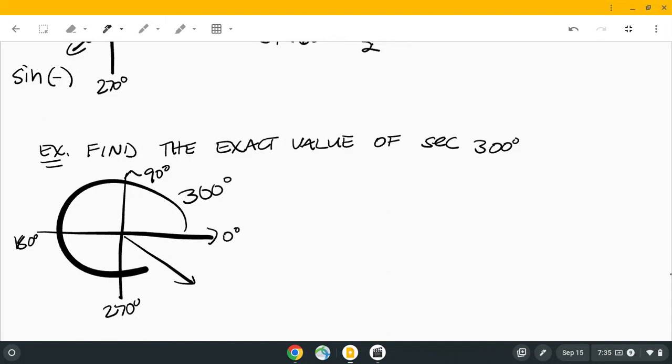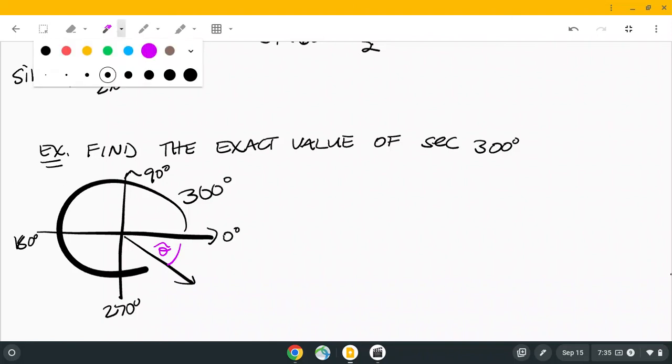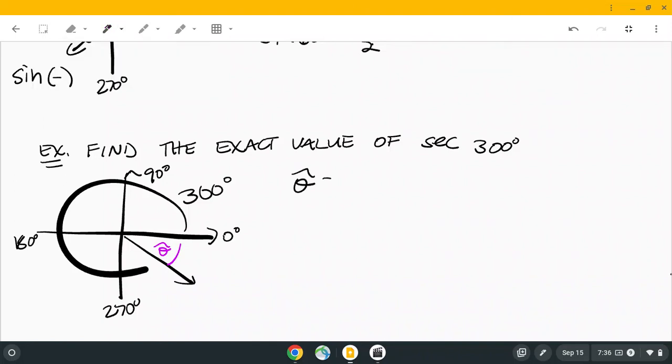And so my reference angle is this angle right in here, theta hat. Okay, so theta hat is going to be 360 minus 300. So theta hat is 60 degrees.